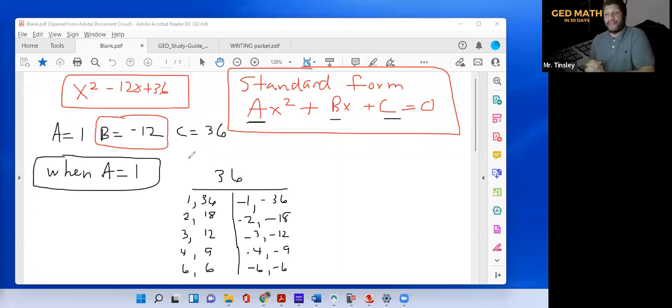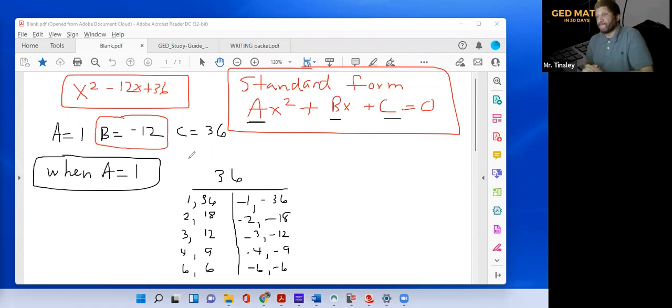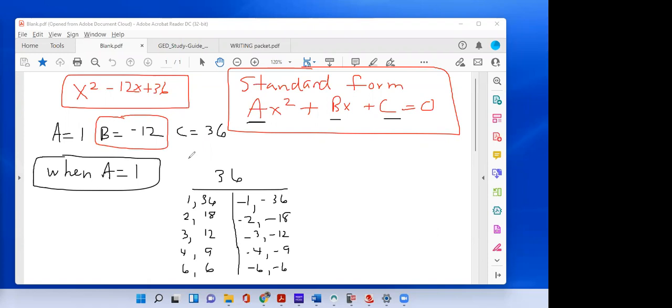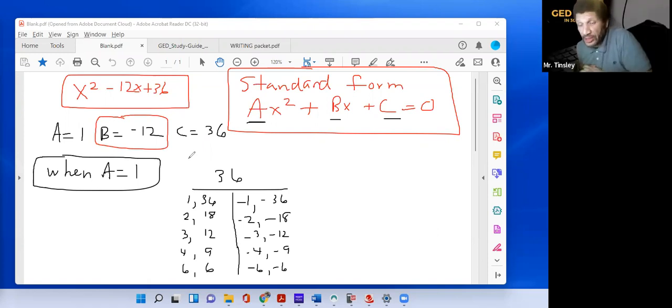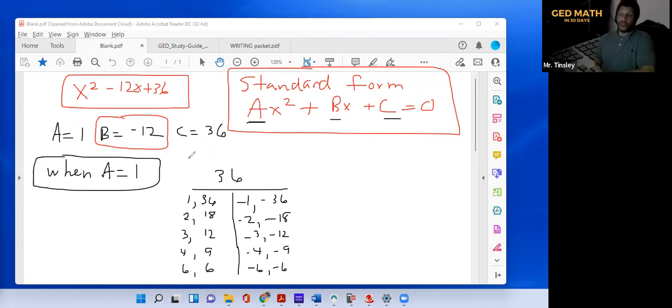No. What does combining mean? When I tell you to combine like terms, are you multiplying? Oh, you're talking about the top? Okay, combine like terms. So what's 1 and 36? 4 and 9. What's 1 and 36? 1 and 36 is 37, right? What's 2 and 18?